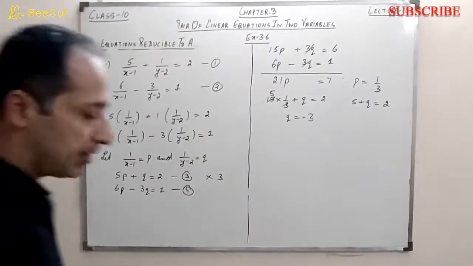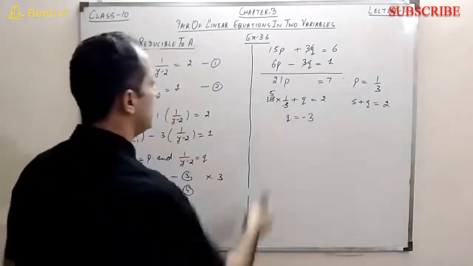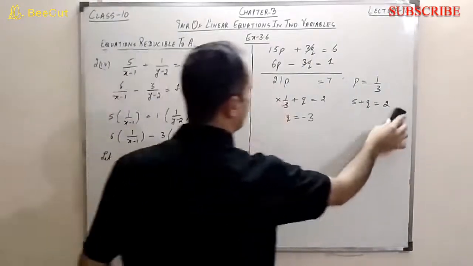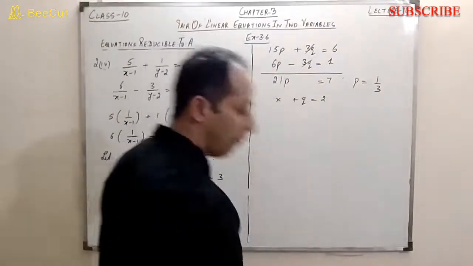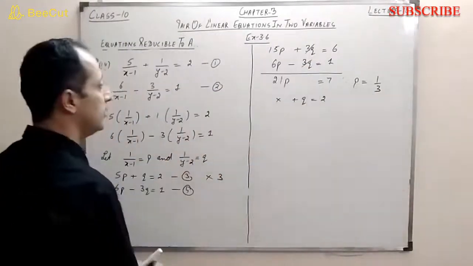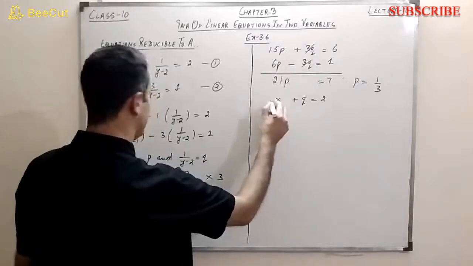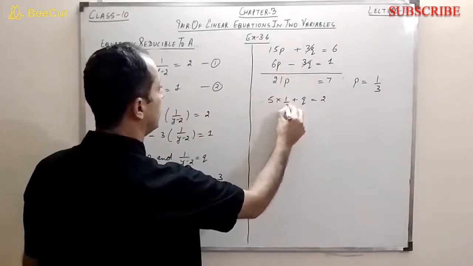There is a slight mistake after the substitution. This is not 15 actually. This is 1 and this is 5p, so I just got mistaken with the 15p. So this is 5 into 1 by 3, right?